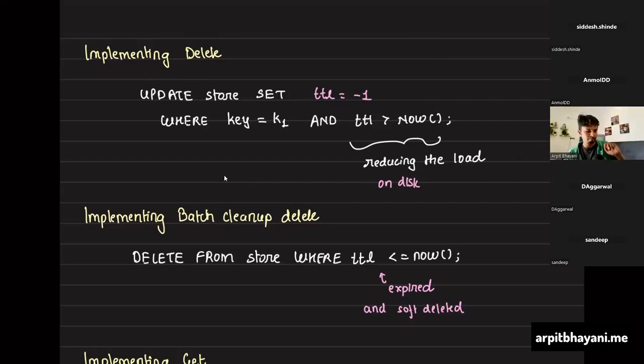Yeah, go on. So my point is, imagine TTL is 2 seconds and now is 1 second. So the time to live is still 2 seconds, right? But now is only 1. TTL is the absolute time of expiration.